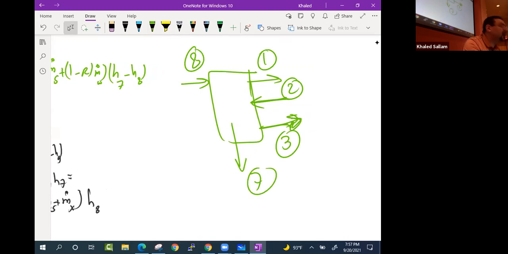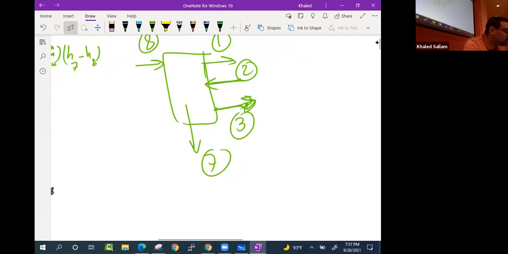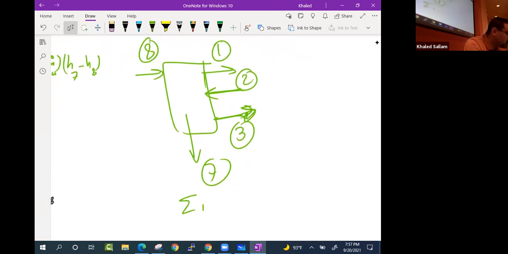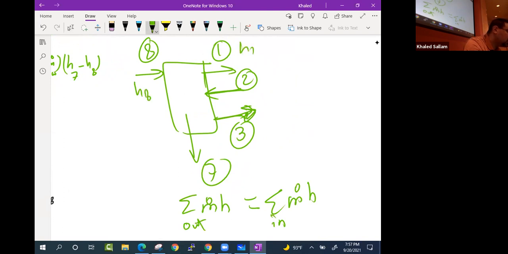And each one of them has its m dot and its h. And so I'm going to just say sigma m dot h in equals sigma m dot h out. Every h gets multiplied by its m dot.